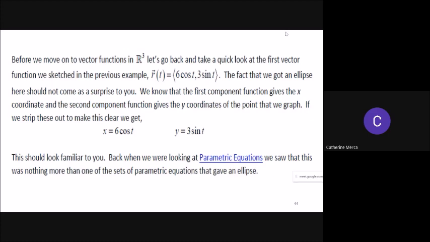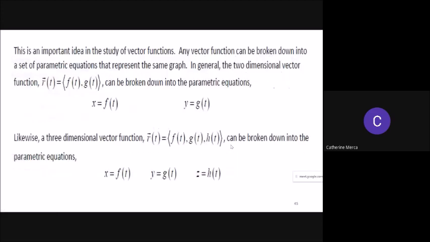So you are familiar with parametric equations. Again, the fact that we got an ellipse here should not come as a surprise. No? You have x equal to 6 cosine t and y is equal to 3 sine t. Familiar na kayo dyan. Tapos ito, you can rewrite r of t to be your f of t, g of t.